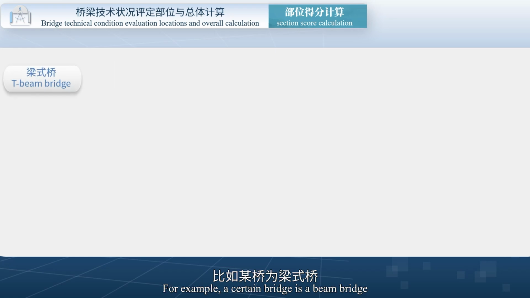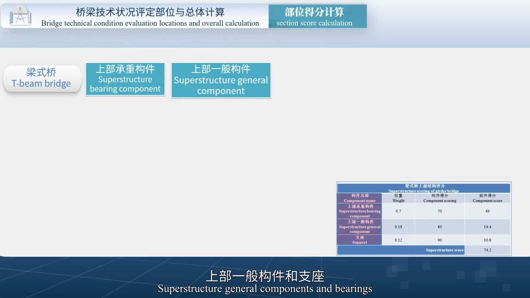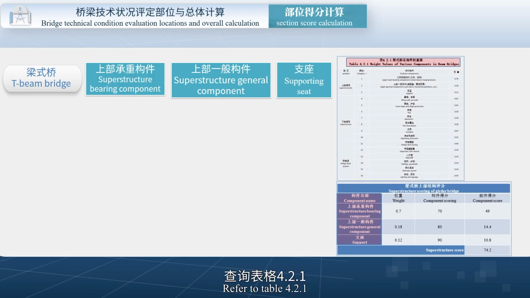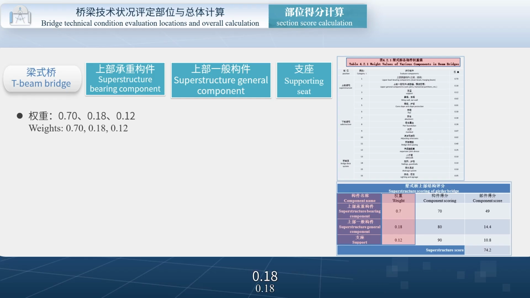For example, a certain bridge is a beam bridge. Its superstructure includes superstructure bearing components, superstructure general components, and bearings. Refer to Table 4.21. The weights of these three parts are 0.7, 0.18, 0.12.